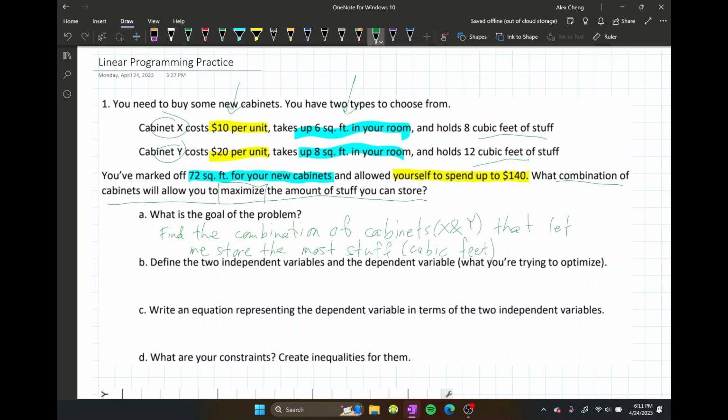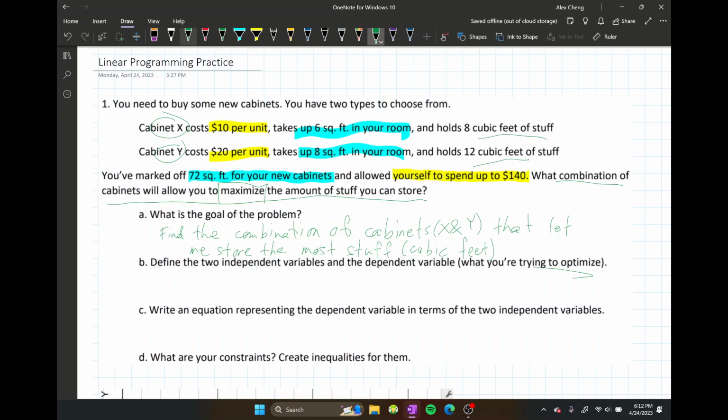And again, you might think, well, the cost changes, right? How much money I'm spending will change depending on how many cabinets I have, which is true. But again, the amount of money you're spending depends on the number of cabinets you buy. The amount of space you're using up depends on how many cabinets you have. So it all boils down to the number of cabinets you have, and the thing that you actually care about is the amount of space that we can store.